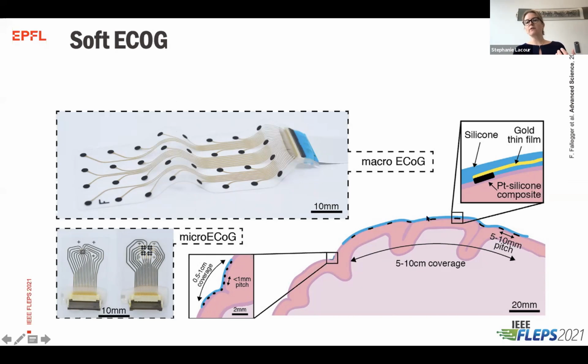If you want to cover a large surface area of the cortex, 5 to 10 centimeters, then we would go for a macro ECoG very similar to the layout of the current clinical devices. Or if you want to understand more precisely a specific region of the cortex, you may go for smaller devices, typically a centimeter square overall, that allow you to explore the activity happening in one sulcus, for example.